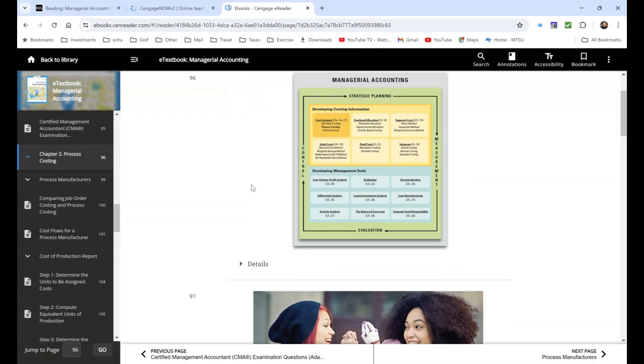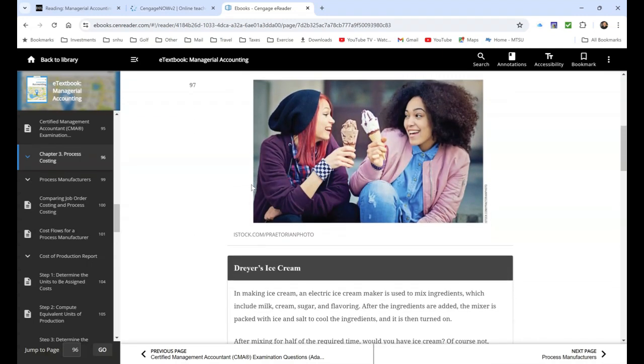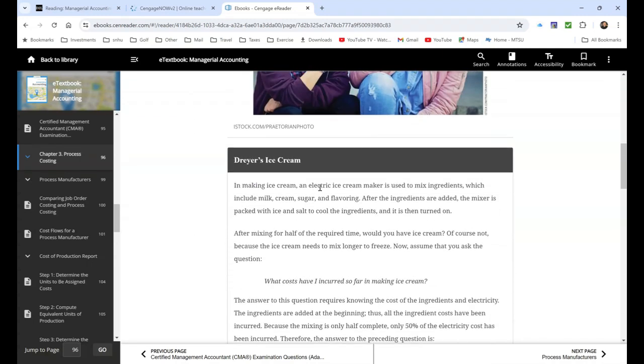Process costing is something where they're not that unique, okay? Like ice cream. Granted that there are different ingredients for different types of ice cream, but to make the same type of ice cream, really there's no difference in allocating overhead compared to the different types of ice creams.